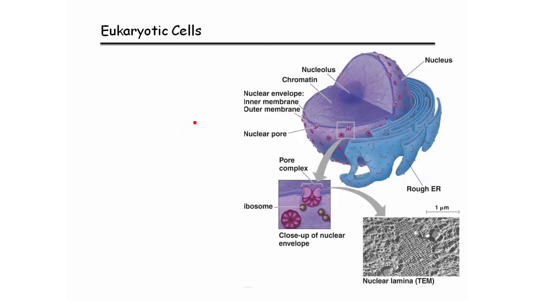So here we have a bigger look at the nucleus. That nuclear envelope is what we just introduced, and that is 2 layers of membranes. So 2 phospholipid bilayers. The inner membrane would be the inside one, and the outer membrane would be the outside one, obviously. And then inside is where we're going to find all of that DNA.